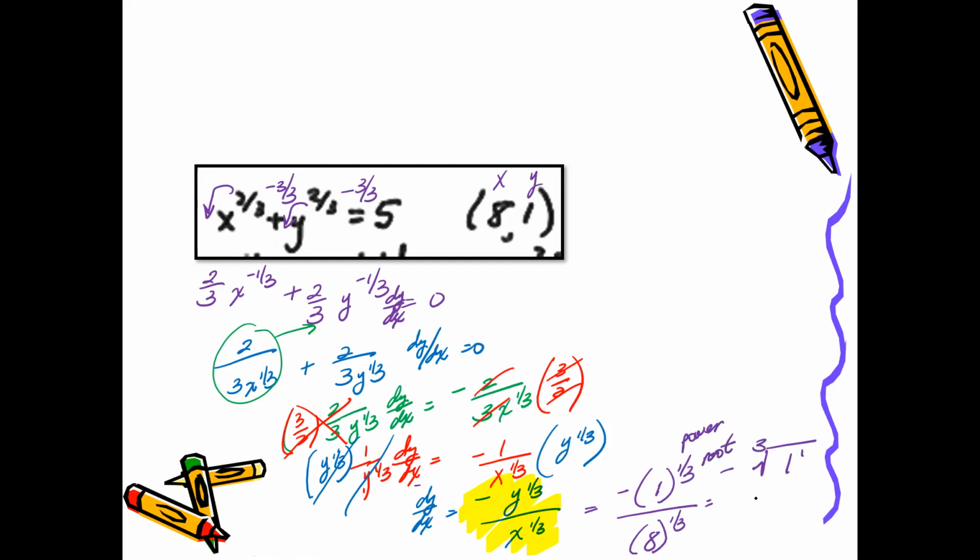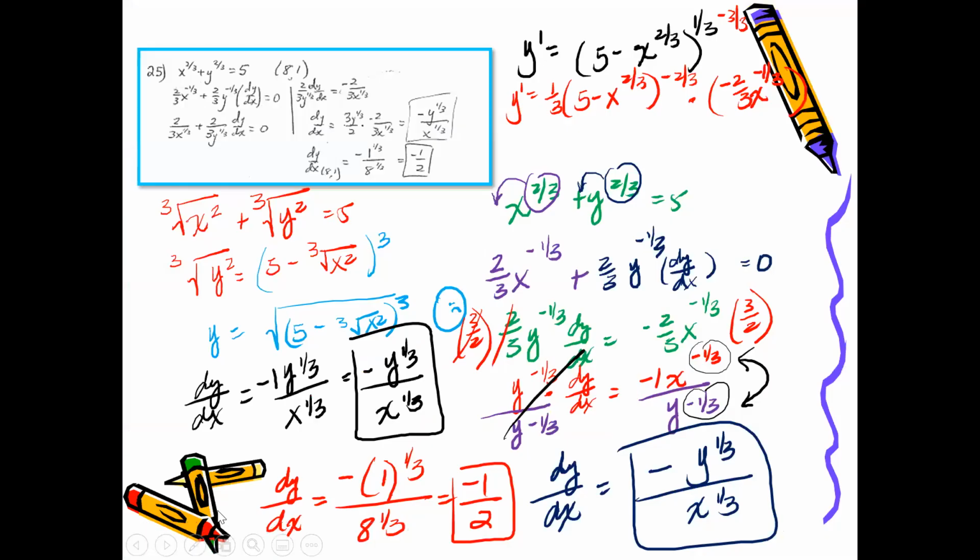So you have 1 to the 1 power over the cube root of 8 to the 1 power. The cube root of 1 is 1, and the cube root of 8 is going to give you a 2, because 2 times 2 is 4, 4 times 2 is 8. So your slope is a negative 1/2. And that is your answer for your slope, dy over dx.